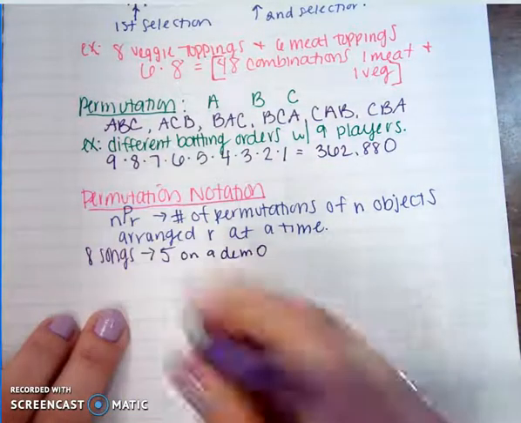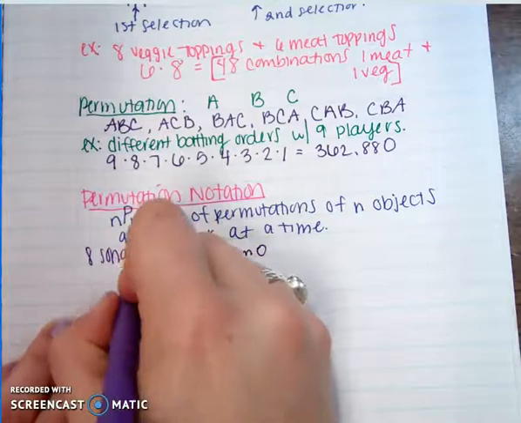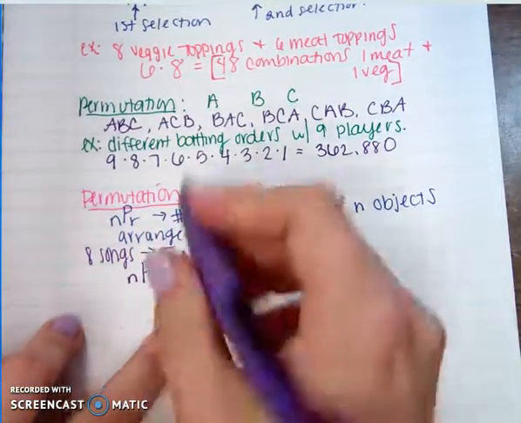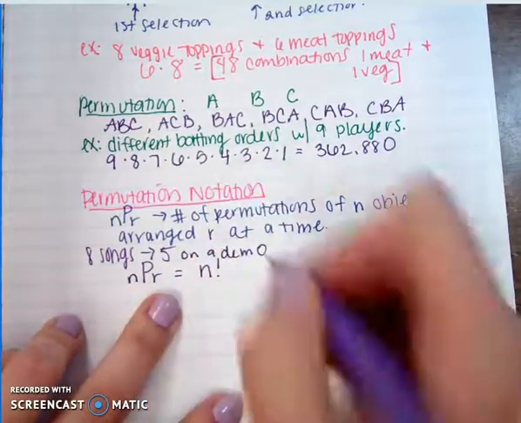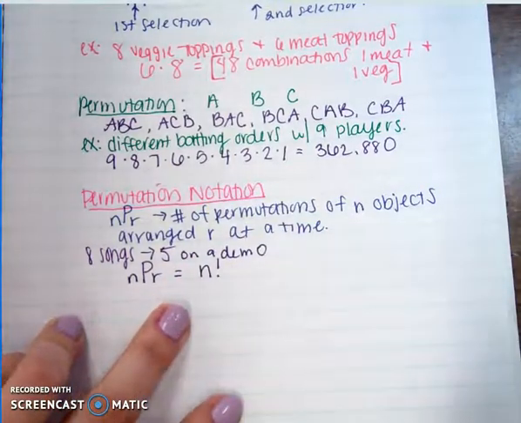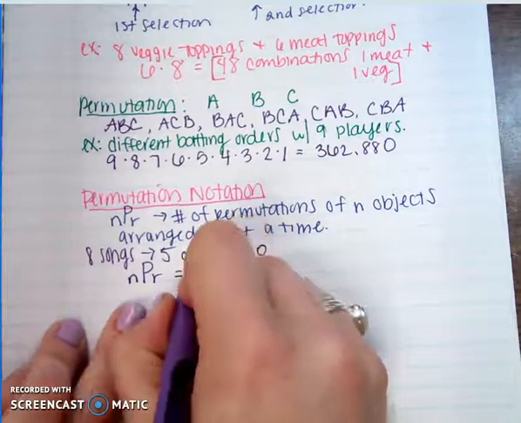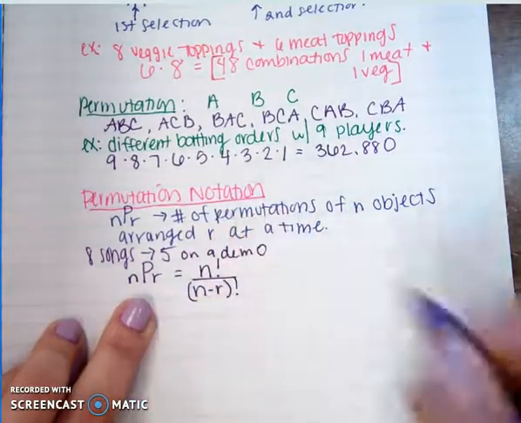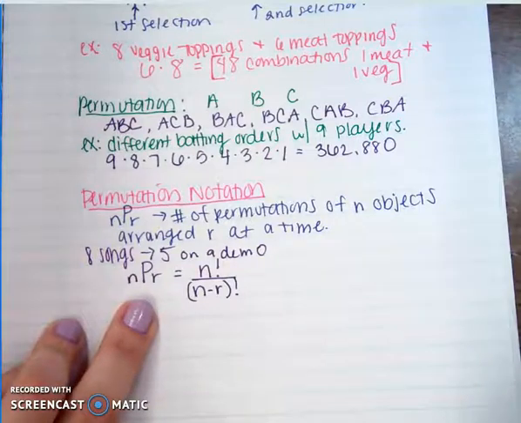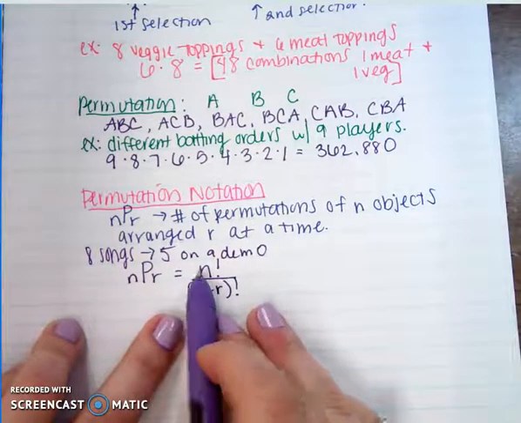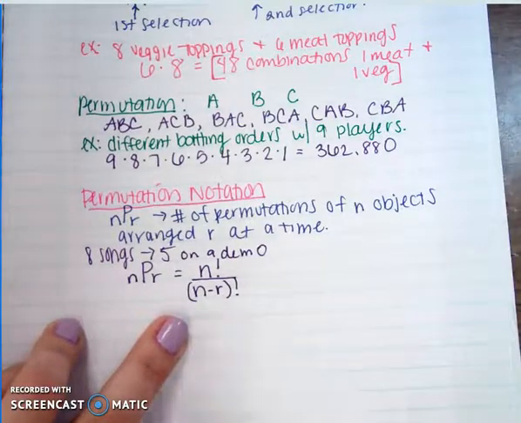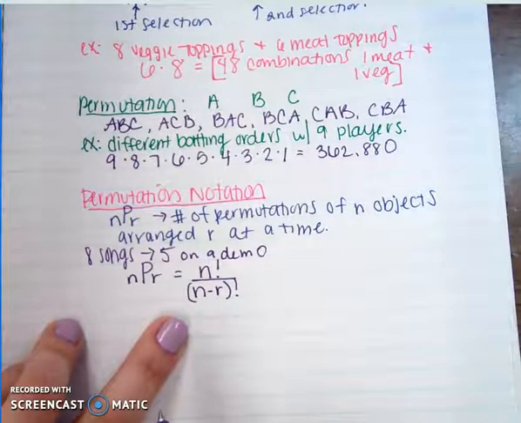So I have nPr, this is what the equation looks like. It's n factorial, and we'll look at what that means. That's what the exclamation point is, over n minus r factorial. So the number of objects over the number of objects minus r, how many at a time.